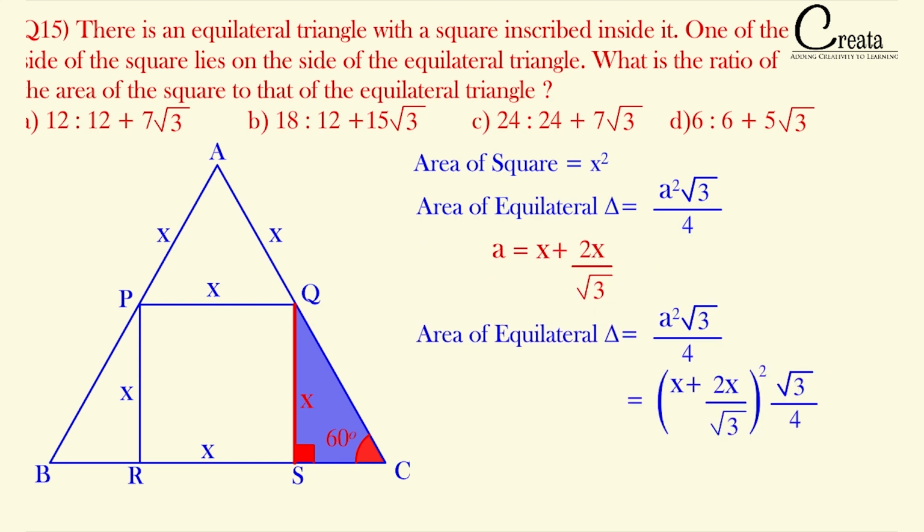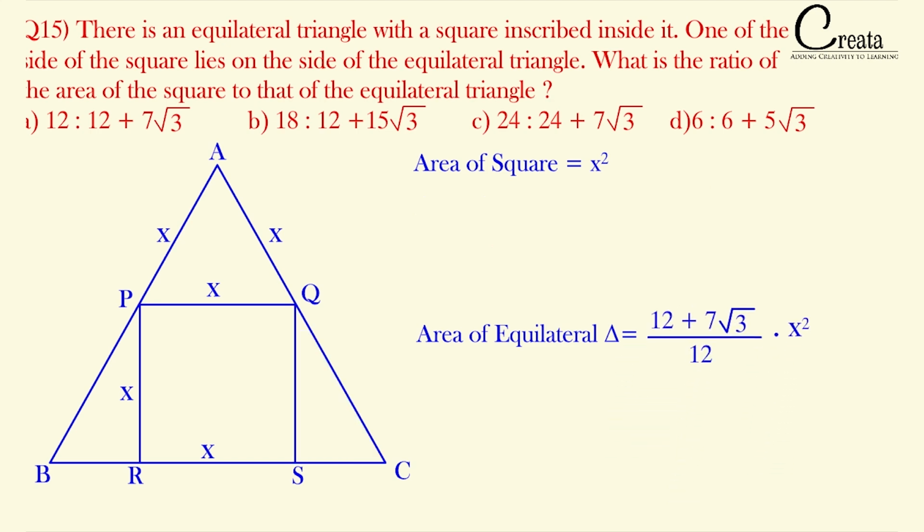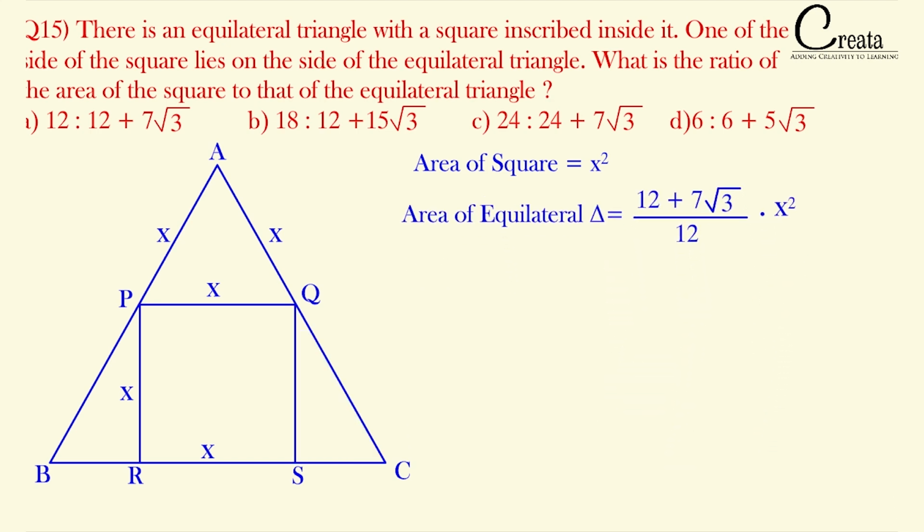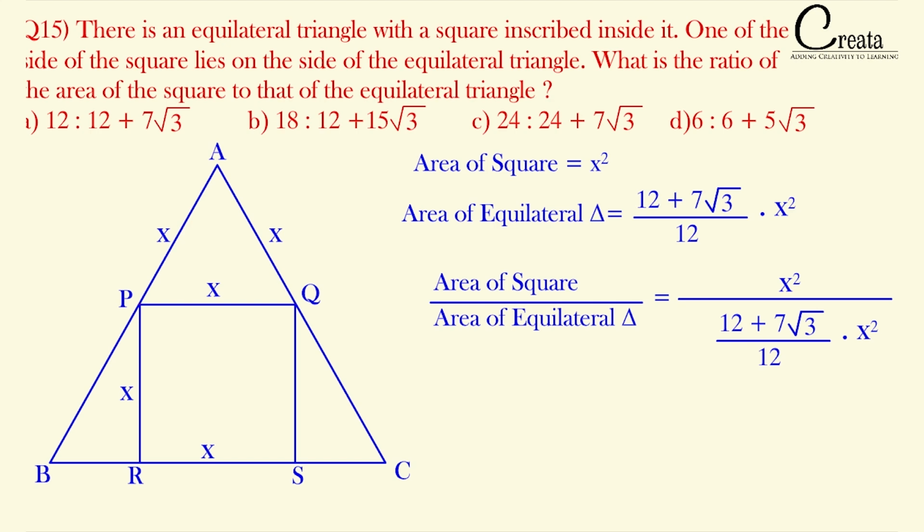On putting the value and solving, we got area of the triangle as (12 plus 7 root 3) upon 12 into x square. We have converted the area of the triangle in x term. And we know the area of the square is x square. Now we can proceed for the ratio of the square and the equilateral triangle. On putting the value, we got the ratio as 12 is to 12 plus 7 root 3. This is the answer of the question.